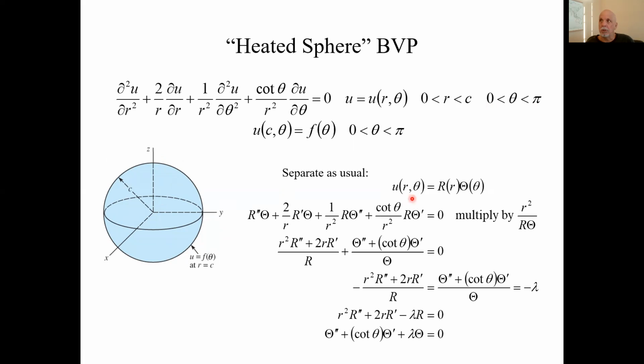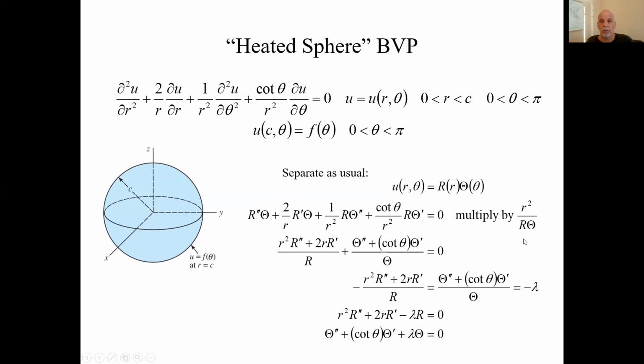So we can separate as usual. U is a function of big R and big Theta. Plug in all those terms. This guy's going to be R double prime Theta, this guy's going to be R prime Theta, this guy's going to be R Theta double prime, and this one R Theta prime.